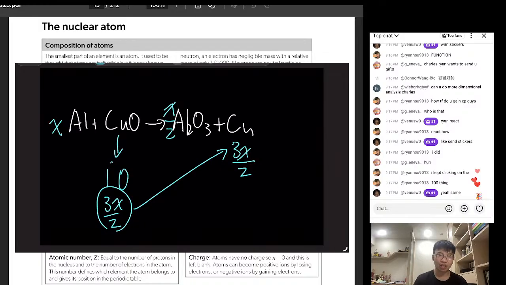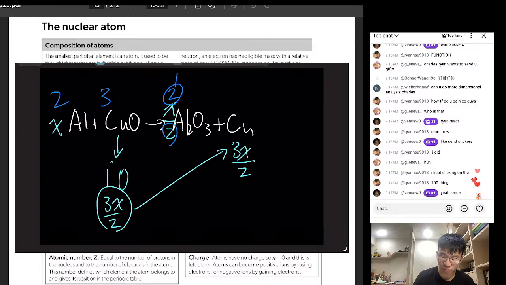So you look at what is the largest denominator. In this case it's 2, so you multiply everything by 2. If x is equal to 2, then everything can be a whole number, right? So the answer here, if you set x to 2, will be 2 aluminum plus 3 CuO copper oxide becoming copper plus aluminum oxide.